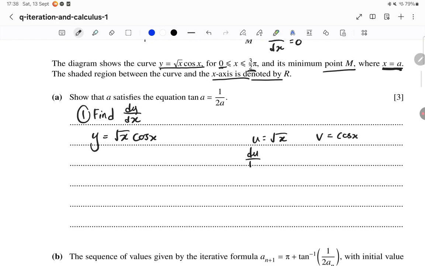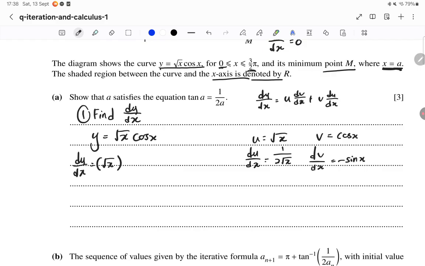So our du/dx will be 1 over 2√x, and dv/dx will give us negative sin x. So we're going to apply the product rule again, which is u dv/dx plus v du/dx. Okay, so dy/dx will give us √x times negative sin x plus cos x times 1 over 2√x.